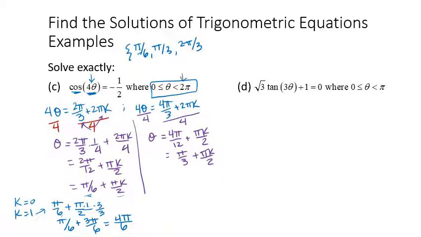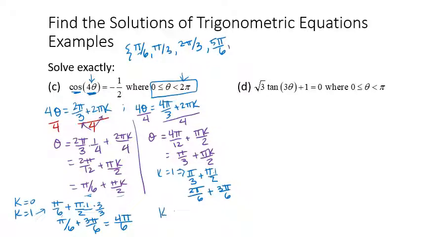Totally within this domain. When I let k equal 1 here, I get pi over 3 plus pi times 1 over 2. Common denominator again is going to be 6, so that becomes 2 pi over 6 plus 3 pi over 6, which gives me 5 pi over 6.